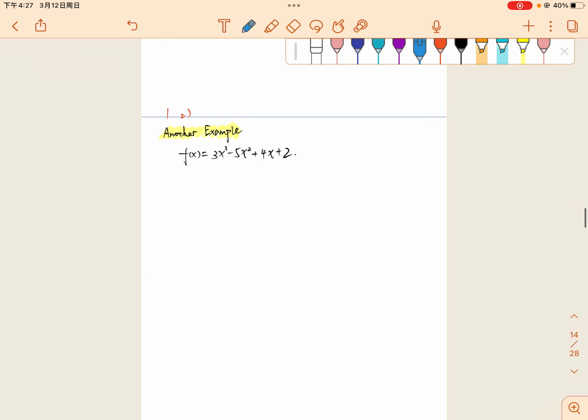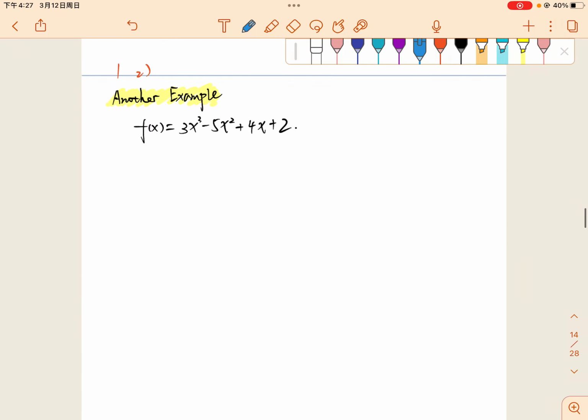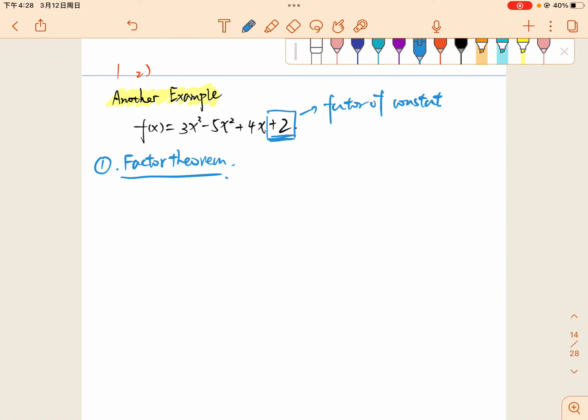And I will do another example over here. So we have 3x cubed minus 5x squared plus 4x plus 2. Same thing. First we try the factor theorem. And when we try the factor theorem, we first try the factors of the constant number. That gives us positive negative 1, positive negative 2.